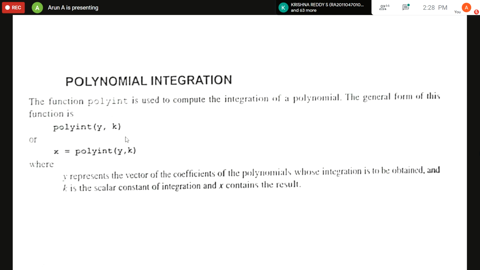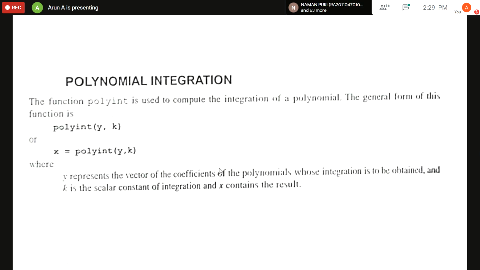This polyint command for the integration of a polynomial is very important. If you use some other command and tell me it is not working, it doesn't work, because this is a very specific command in MATLAB for polynomials. Here y represents the vector of coefficients of the polynomial.